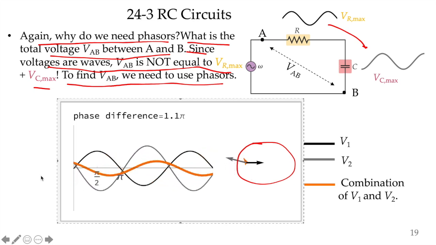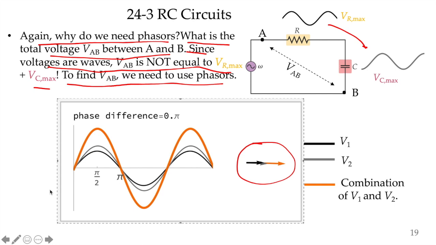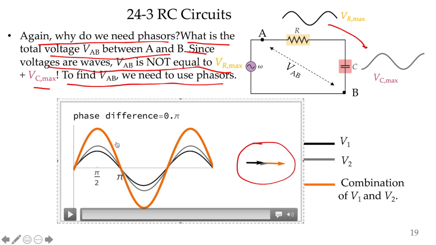Okay, just like that. So I would like you guys to stop here to understand, play the video back and forth and understand the relationship between the waves and the phasors, phase vectors, okay?